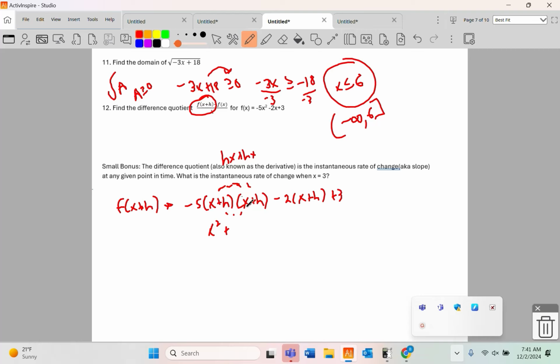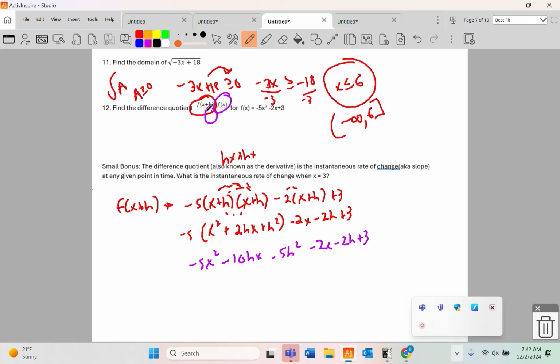So that's plus 2hx, plus h squared. Still got a negative 5 out in front. Distributive property, minus 2x minus 2h plus 3. Distribute the negative: negative 5x squared minus 10hx minus 5h squared minus 2x minus 2h plus 3.